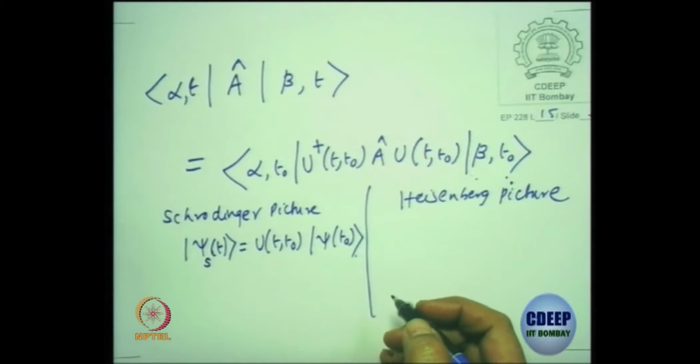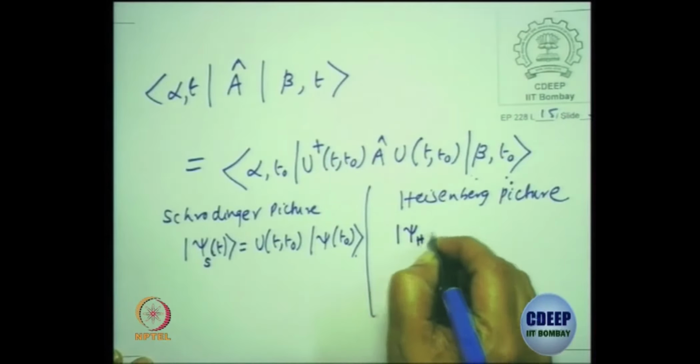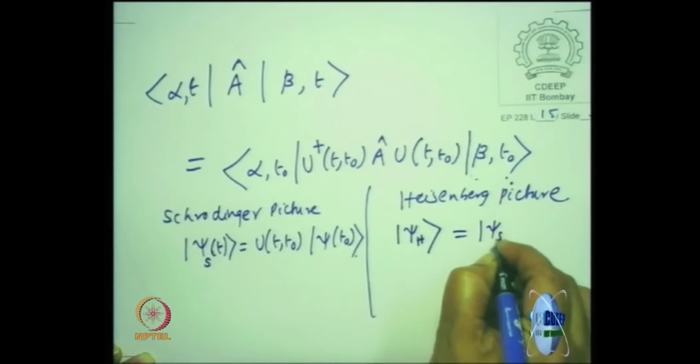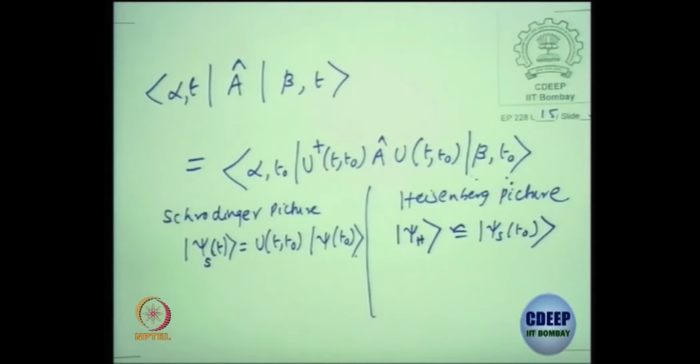Equivalently, I could write here psi H without putting any time dependence. That's nothing but psi S at t0. You freeze the state in the Heisenberg picture so that it is fixed at t naught.